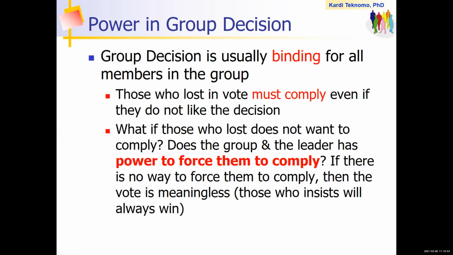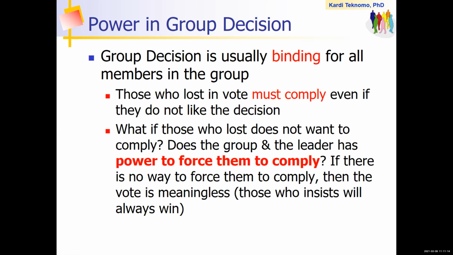So 40% select Prabowo, but the 40% still want to force that, even though we have only 40%, we still want Prabowo to become president. In Indonesia, we use guns and law. So there is force in the decision.